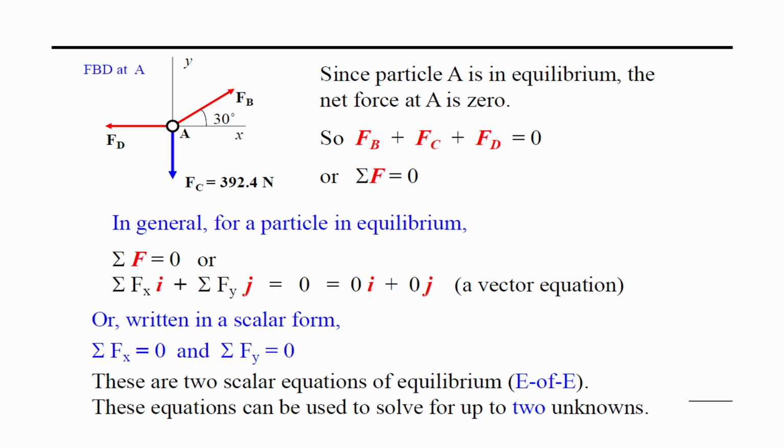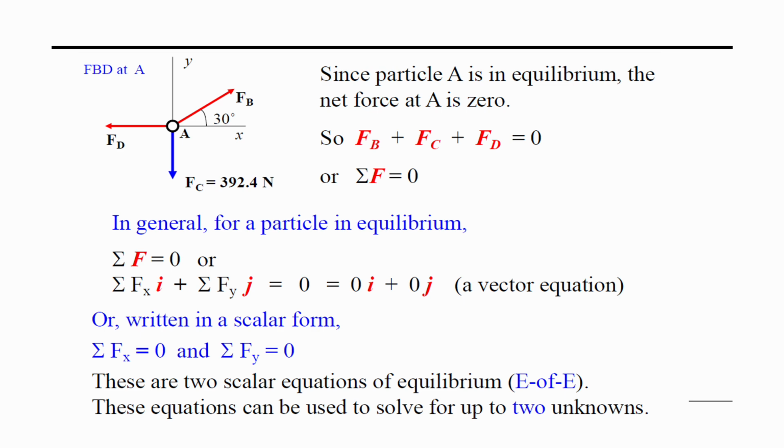So what are we doing next? We have that particle A is in equilibrium. That means that the sum of all forces has to be equal to 0. So that means FB plus FC plus FD is equal to 0, or the sum of forces is equal to 0.